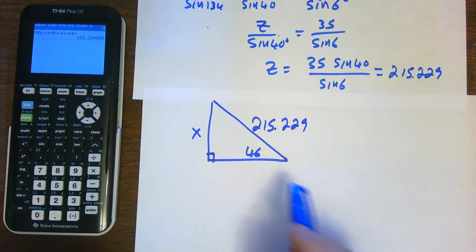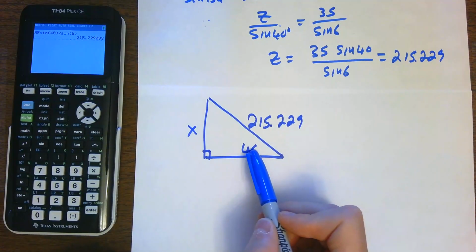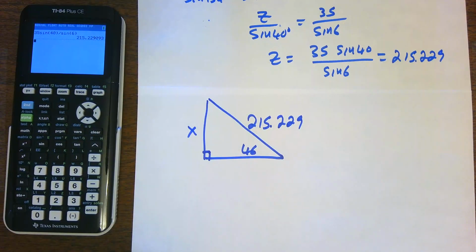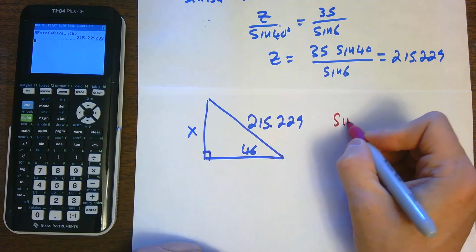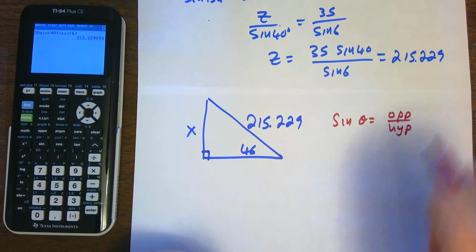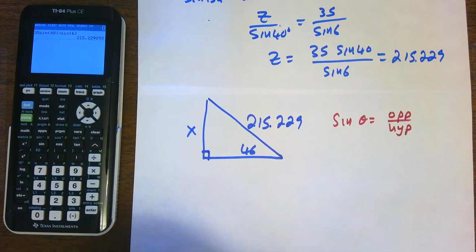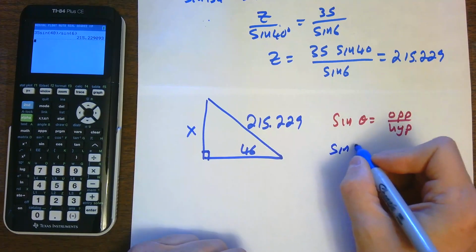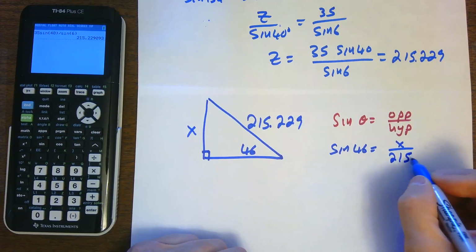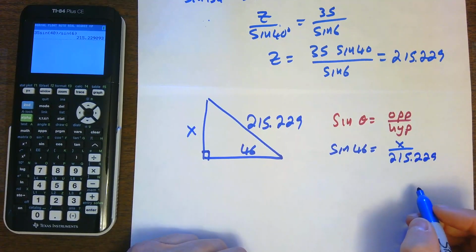So now this becomes just a nice plain old sine problem, doesn't it? I've got an angle, I want to know the opposite, and I have the hypotenuse. Sine of any angle is the ratio of the opposite side over the hypotenuse. Substituting in, the sine of 46 equals x over 215.229.